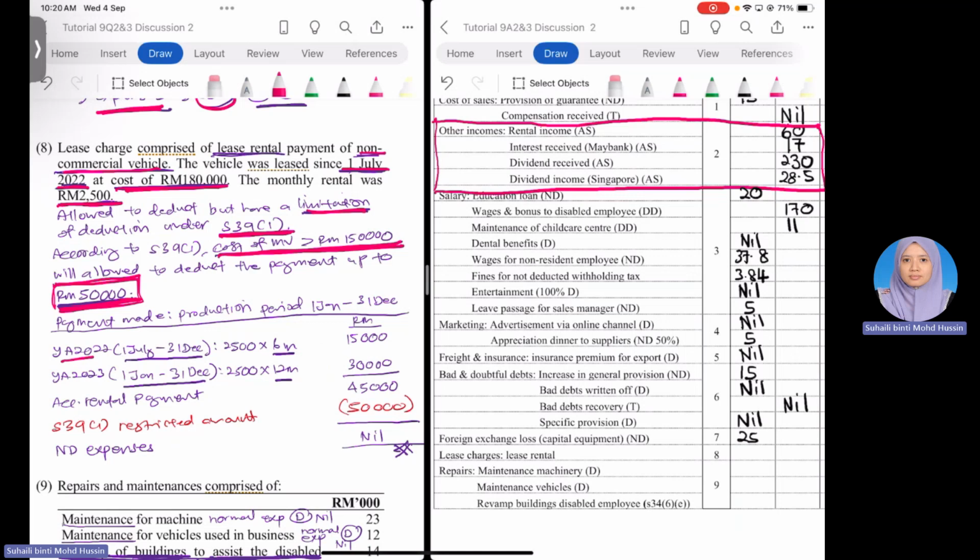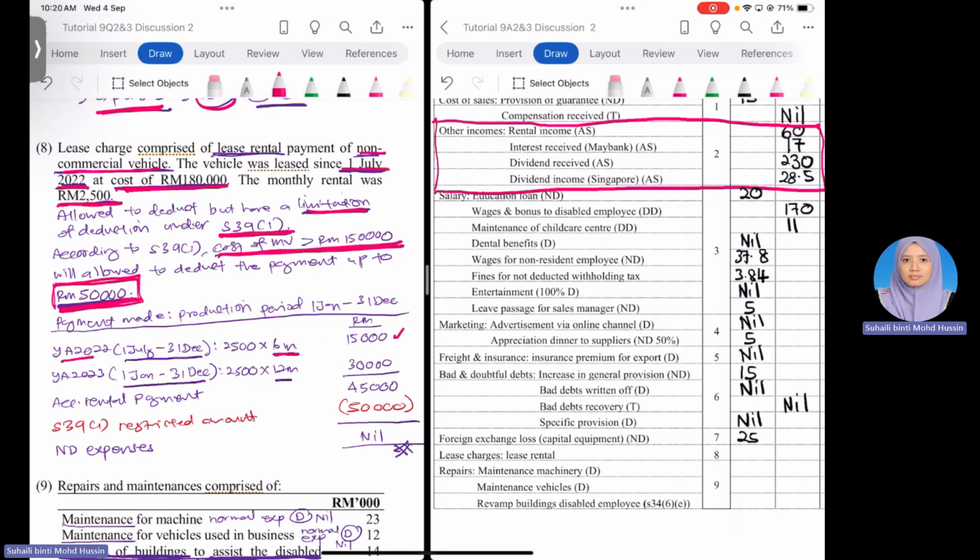July, August, September, October, November, December, that is 6 months. So 2,500 ringgit times 6 months, the total lease rental paid in 2022 is 15,000 ringgit.